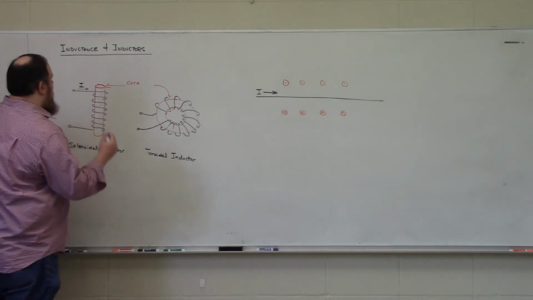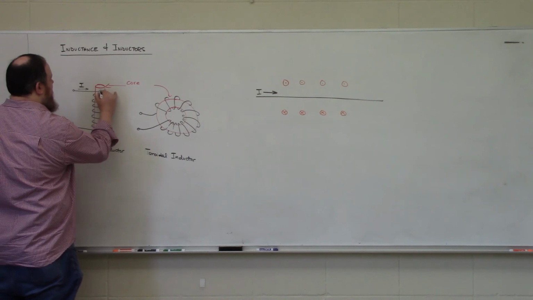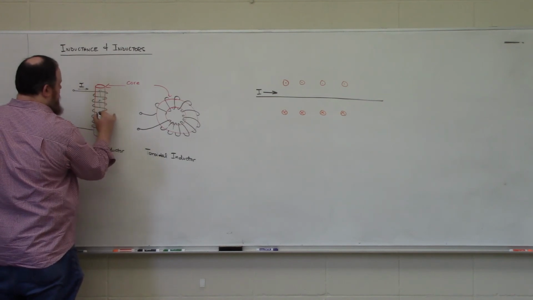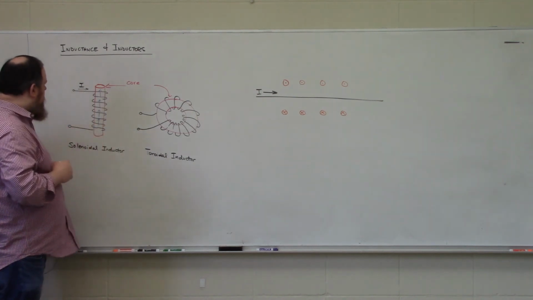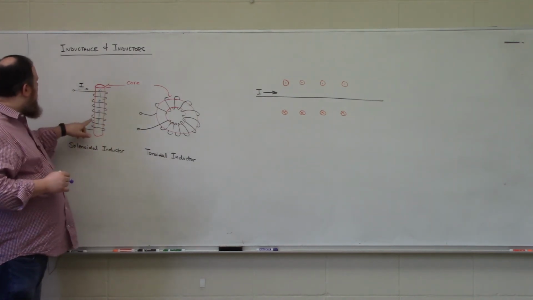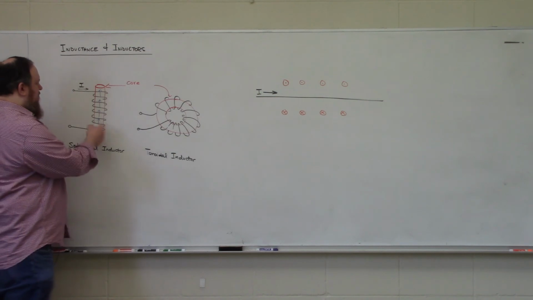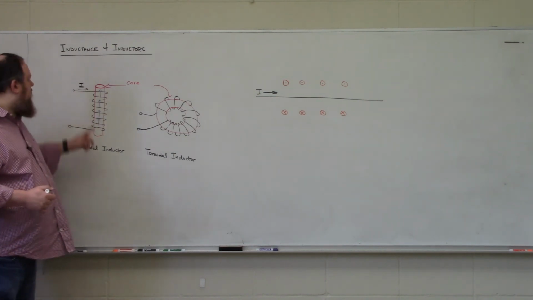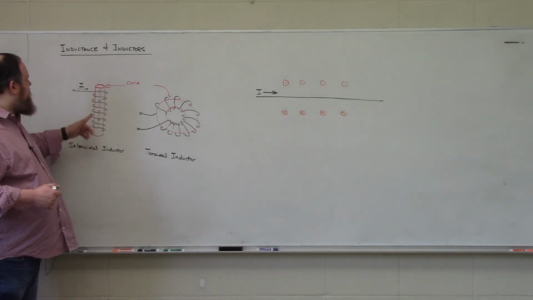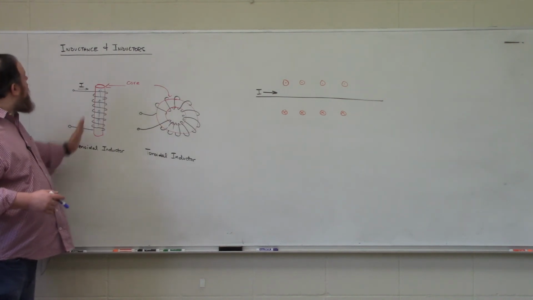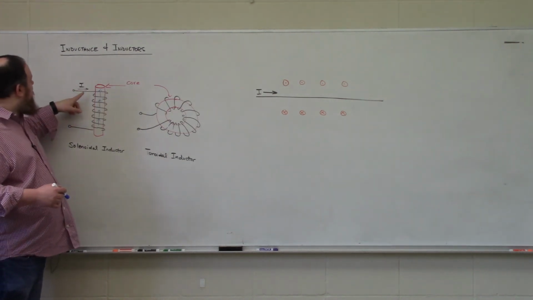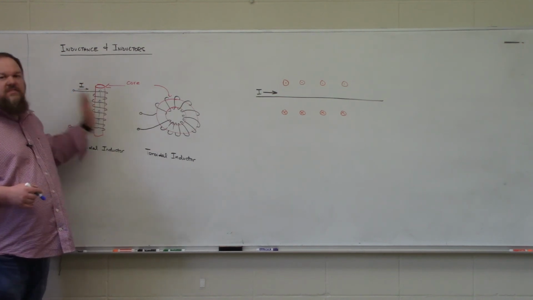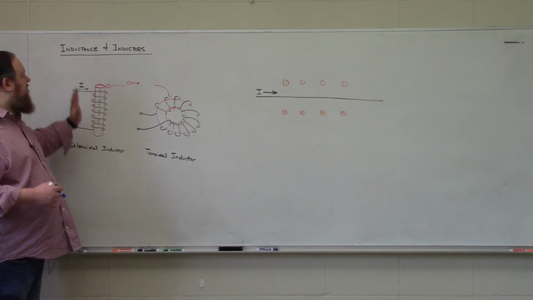So we are going to have magnetic flux, which is just the amount of magnetic field divided by the area of the loop of the coil going up through this toroid. So the current creates this magnetic flux. That's called a flux linkage.